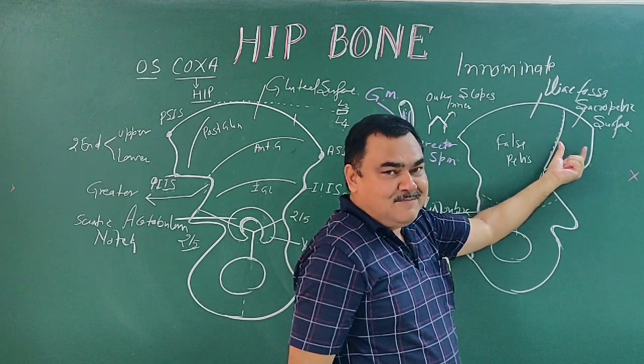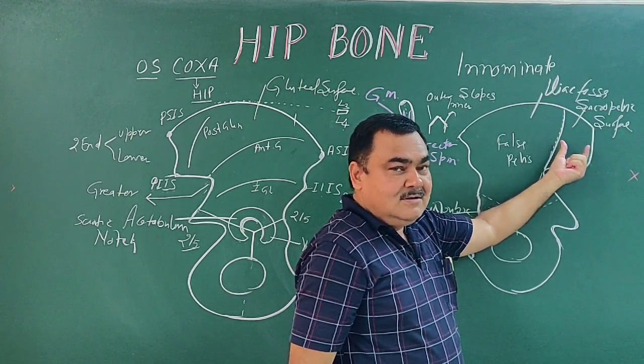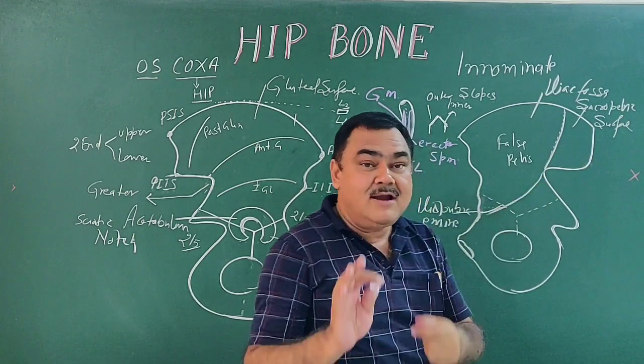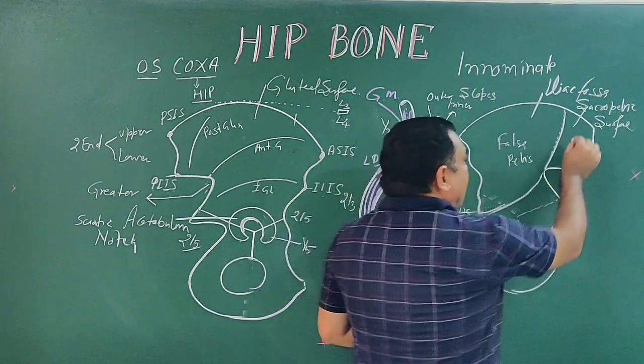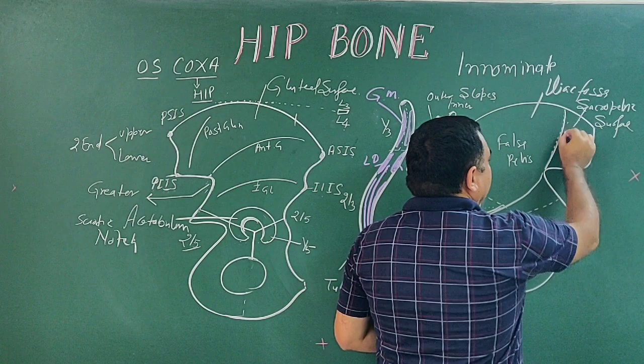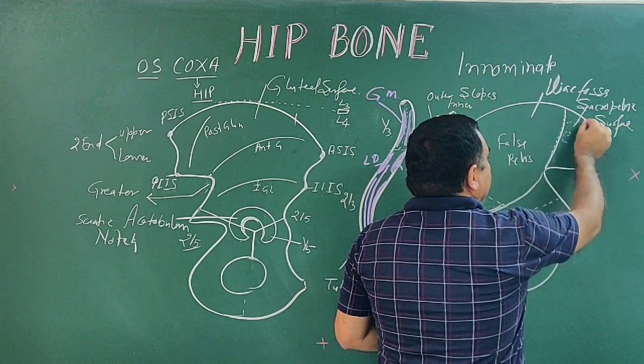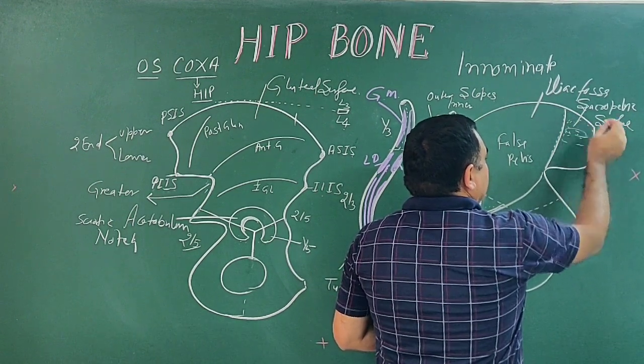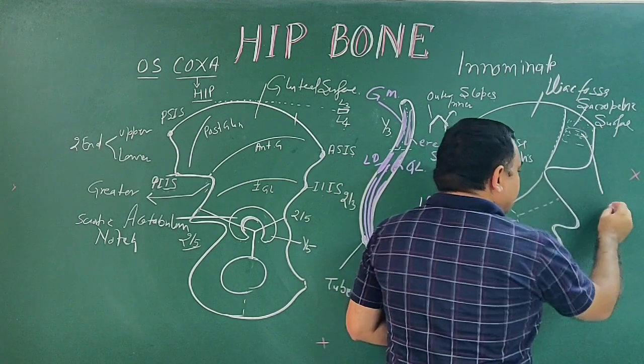Now this is the sacropelvic surface, which is divided into three parts. The upper part has the iliac tuberosity.